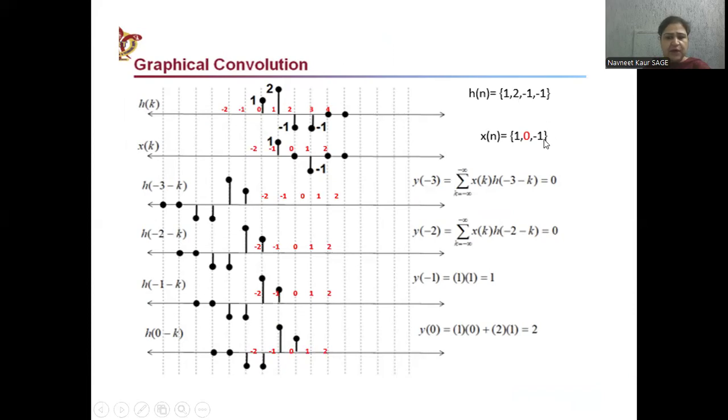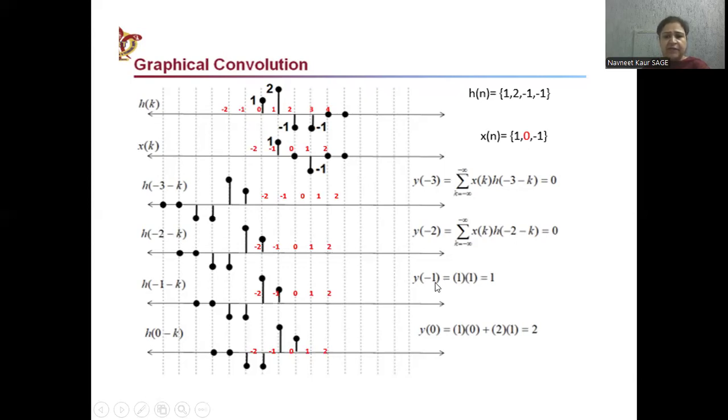So 3 plus 1 is 4. So the total number of samples on the right-hand side of n equal to 0 will be 4 in the convolution. Coming to the left-hand side of n equal to 0, there is one sample on the left-hand side of x, but there is no sample on the left-hand side of h. So the total number of left-hand side samples will be only 1.